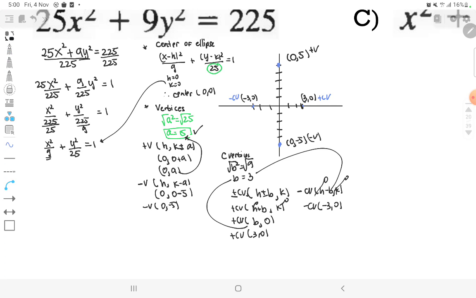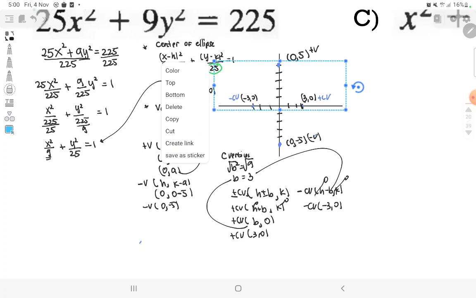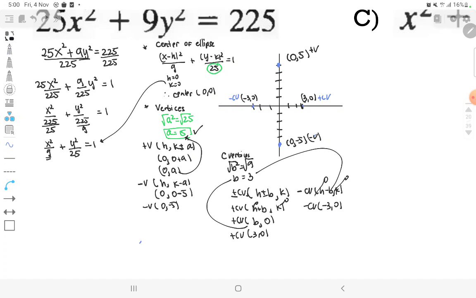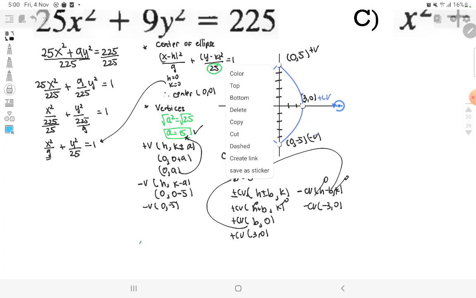Now, from that, let's graph it. So if I graph the ellipse, let's say that that would be our ellipse.